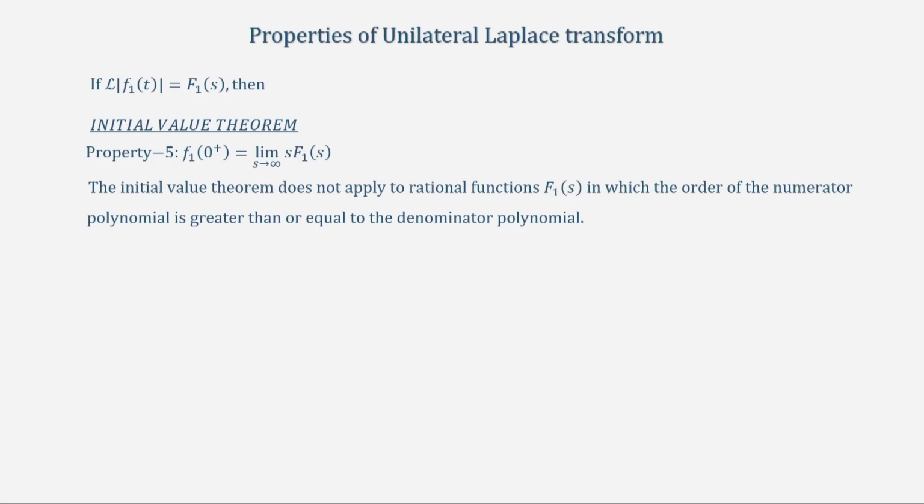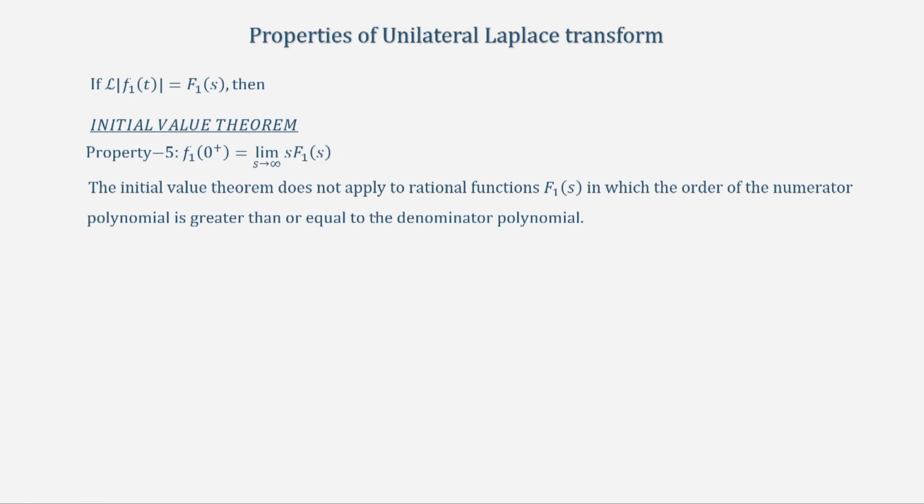Now, I go back to the initial value theorem once, and I will tell you what things you have to look for before applying it. The initial value theorem, which gives you the initial value of the function, is the formula which relates the time domain initial value to the Laplace transform.